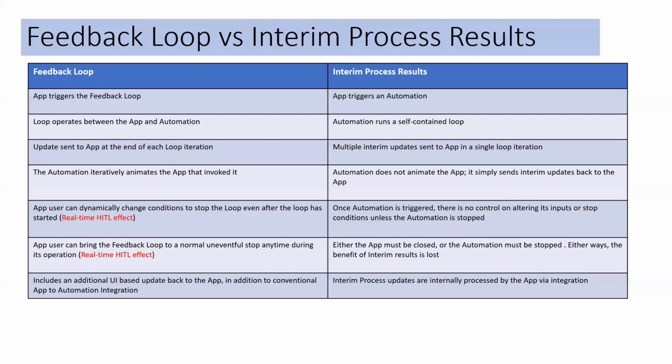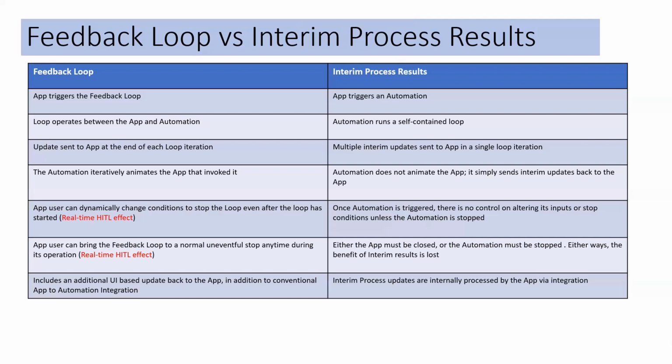Right. Then if you go to the third line, in the feedback loop the update is sent to the app at the end of each execution of the automation. The app calls, the automation runs, and at the end of execution it says, I am done, I processed a transaction, here is your feedback. But with interim process results, if your process goes from point 1 to point 10, you can send multiple updates back to the app.